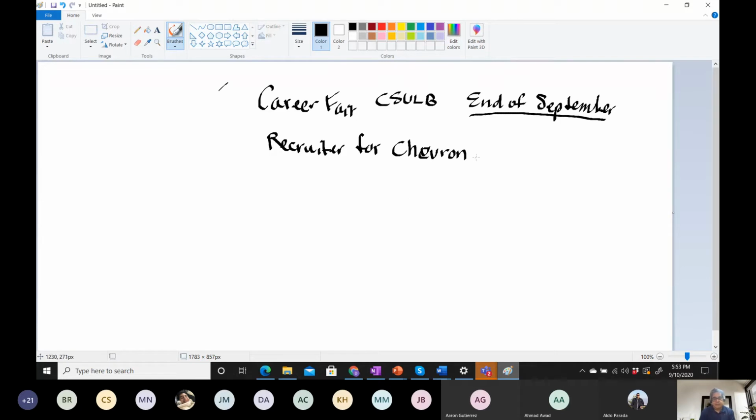And so I thought it would be a great idea to spend like 15 minutes on Q&A regarding how to prepare for this career fair, because it comes up a lot. This is fall, and if you've never had an internship before, then for those of you that are sophomores or juniors, you definitely want to attend this career fair.